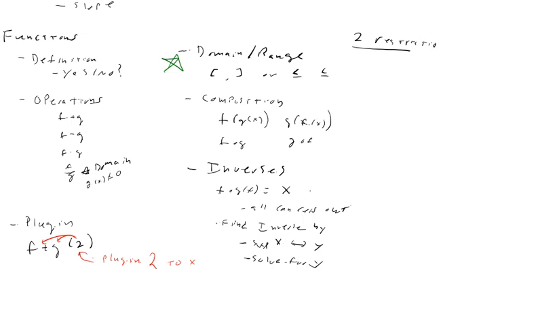Restrictions. The first type of restriction is when you have x on the bottom of a fraction.